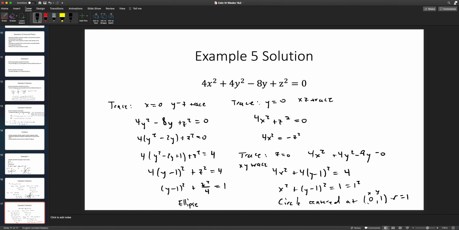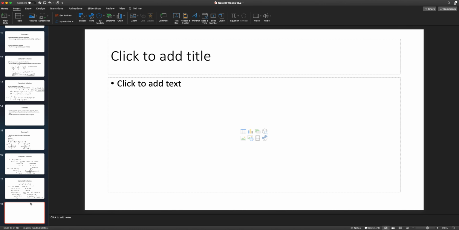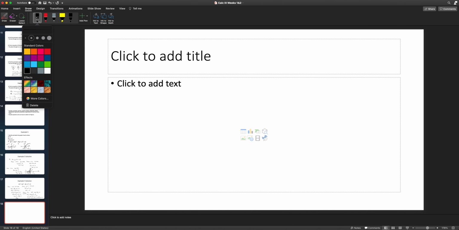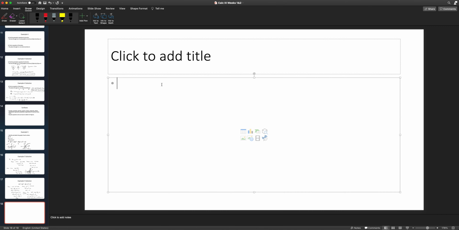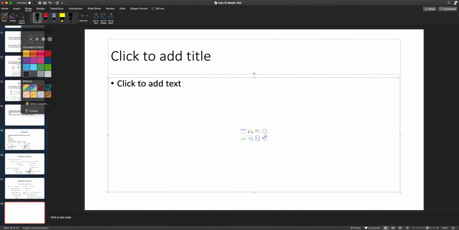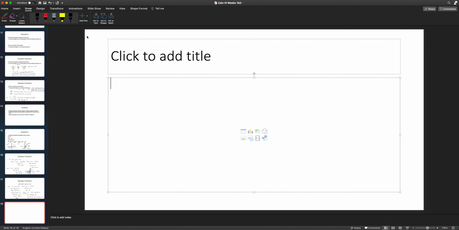So how can we see that maybe by tracing it? Even though by hand, honestly, it's not the best thing to trace an ellipsoid by hand, but that's what this object will be. But we can certainly give it a go and then use our 3D calculator to give us a better idea of what that looks like.